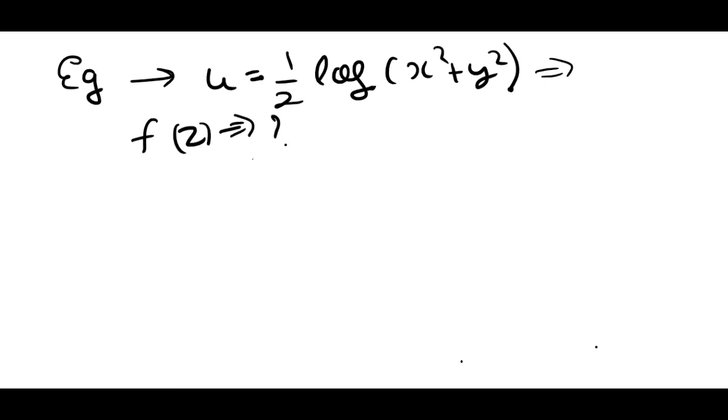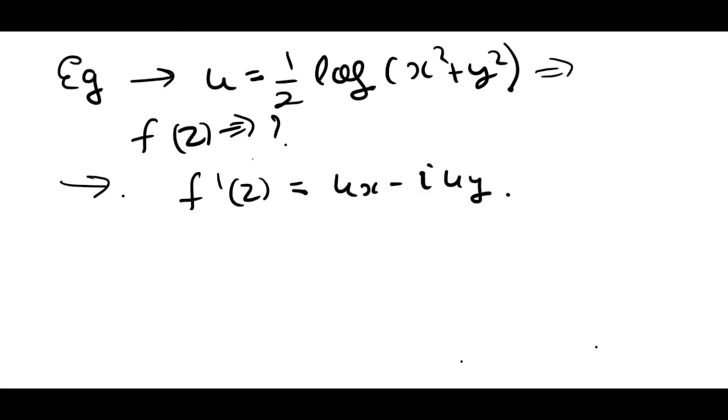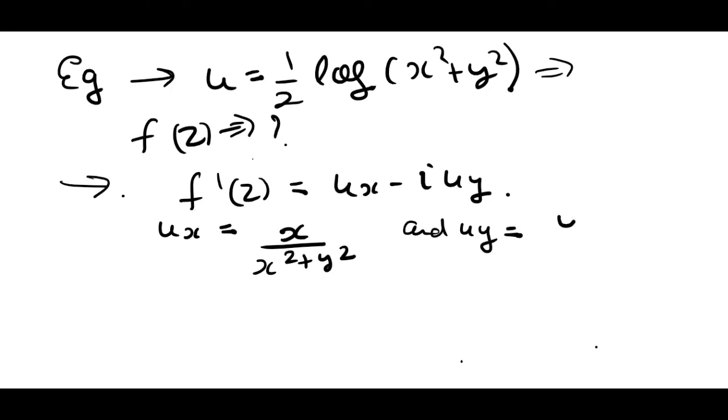So by using the method which I have told earlier, f dash z is equal to ux minus i uy. Differentiating u with respect to x, ux would be x upon x square plus y square, and uy will be y upon x square plus y square.